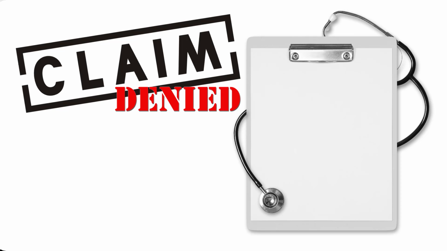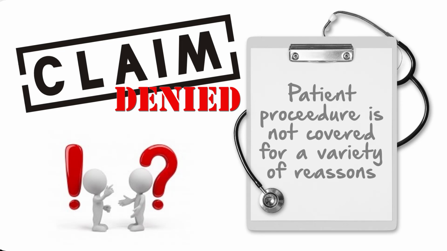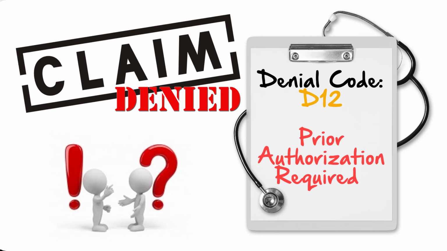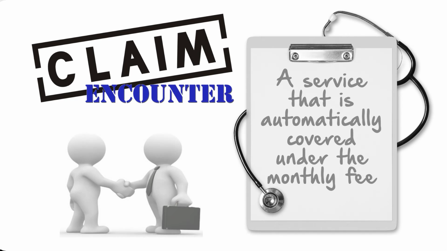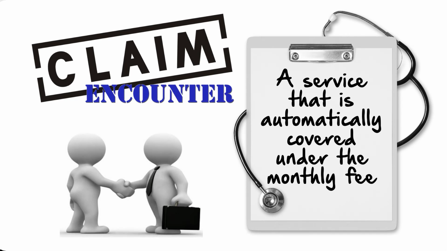A denied claim is just that, where the procedure is not covered for what could be many various reasons, which the record can provide further details displaying denial codes as well as the denial reason. And finally, the encounter status. An encounter is a service that is automatically covered under the contract for free, such as an annual physical.